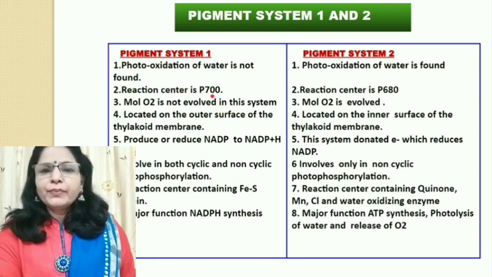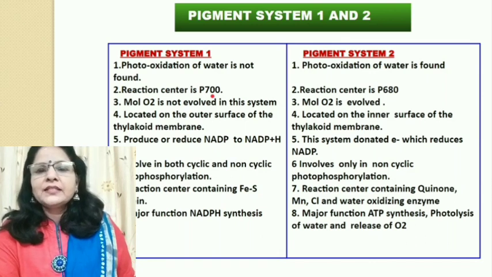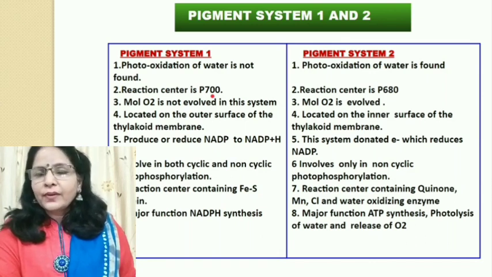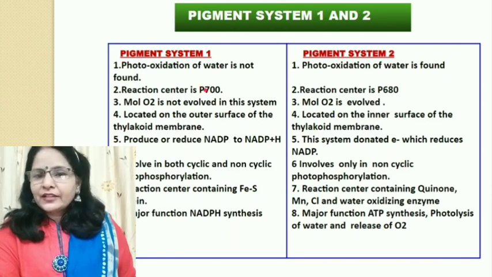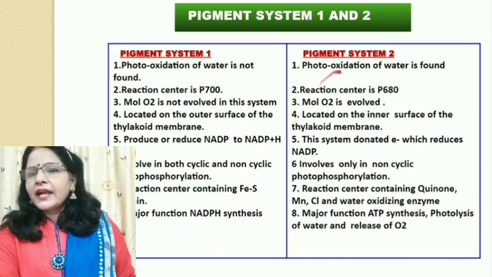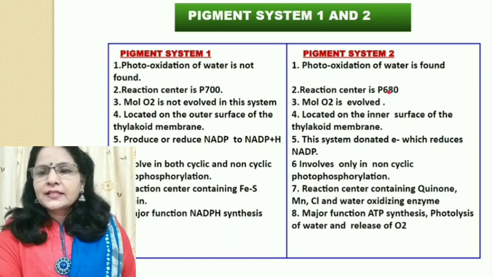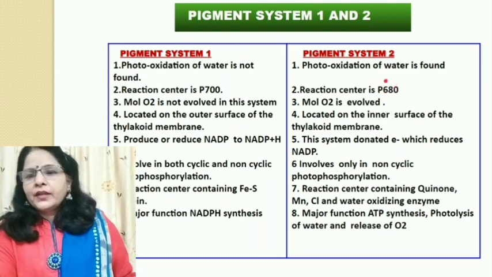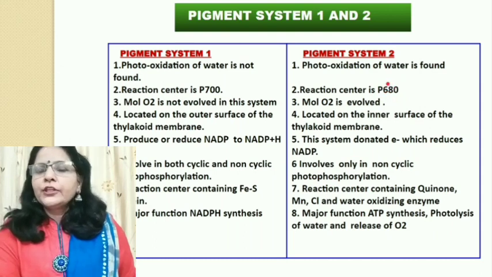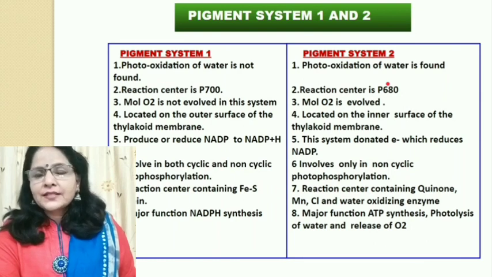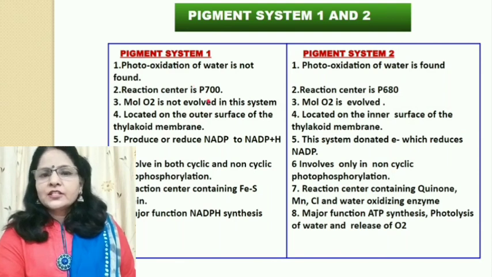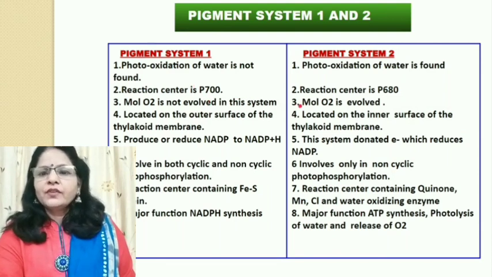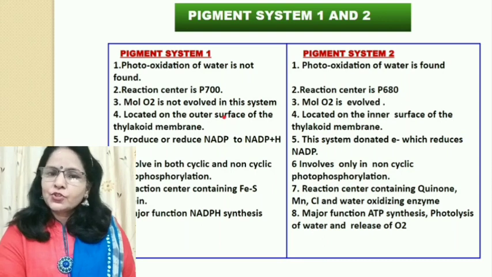The reaction center of PS1 is P700, that means it can absorb light up to 700 nanometer. P stands for pigment, and the reaction center of pigment system 2 is P680. That means the chlorophyll A molecule can absorb light up to 680 nanometer, and molecular oxygen is not evolved in pigment system 1, whereas it is evolved in pigment system 2.